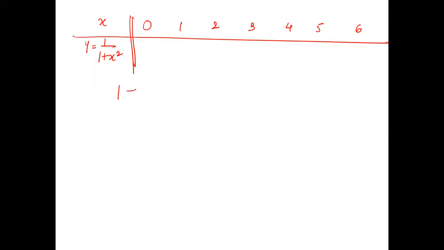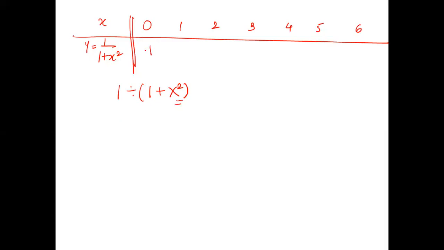Alpha and the bracket close will give you this x. So you are calculating for 0. What is the value?